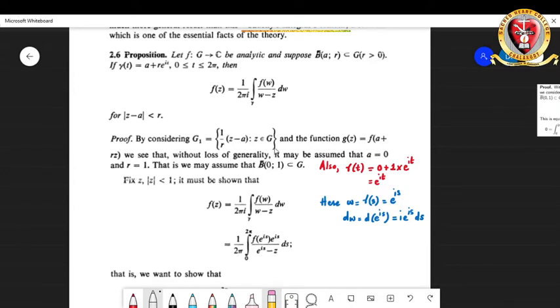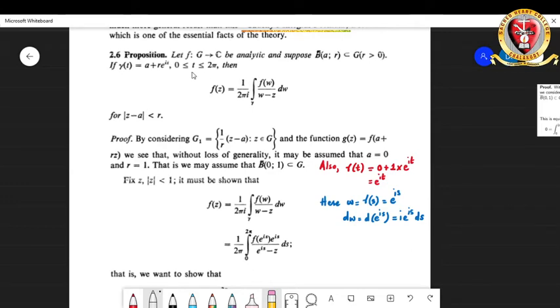So now we are moving on, assuming that a is equal to 0 and r is equal to 1. That means this closed ball B bar of a, r is nothing but B bar of 0, 1, so it will be modulus of z minus 0 strictly less than 1, that is, modulus of z strictly less than 1.